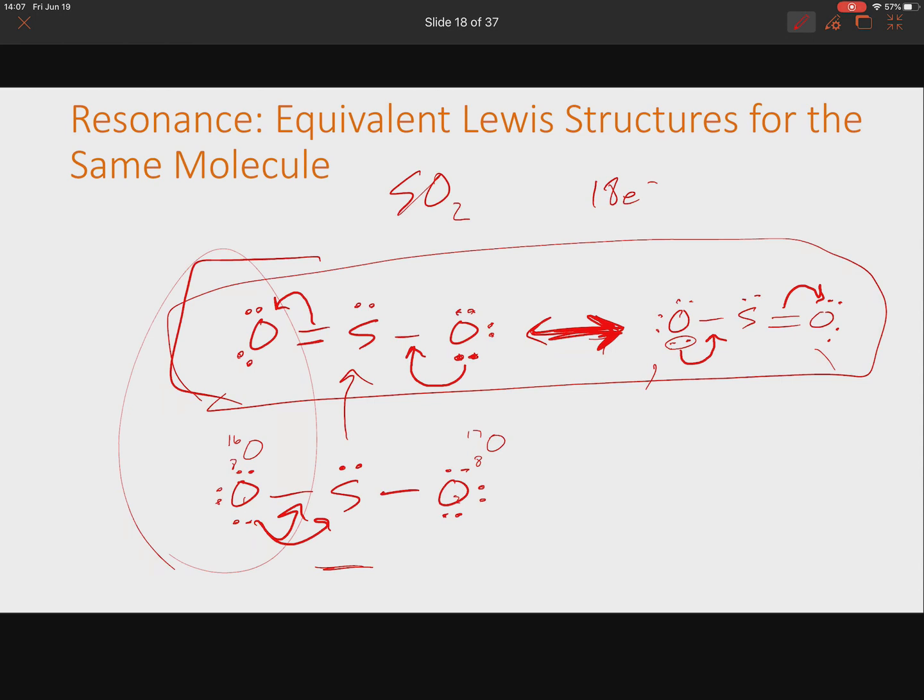And so the ability to resonate is a stabilizing feature. So this would be happening back and forth in nature, flip-flopping really, really fast. And there's no way to really say that it's in one form or the other. In fact, we would really draw a hybrid structure and just show that both oxygens are bonded to the sulfur.